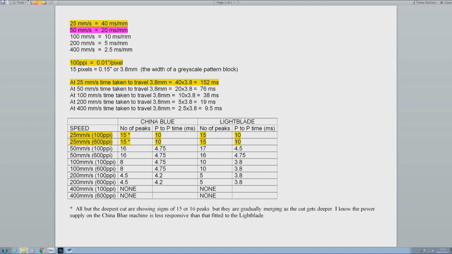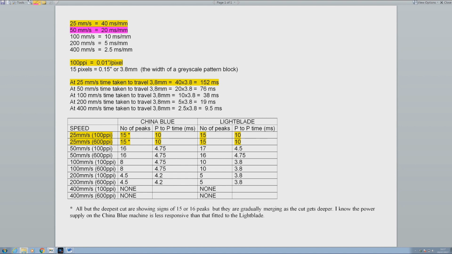Not the power supply, because the power supply, I think, is not capable of doing it either. But I don't think it's the power supply that's the problem, because the power supply is not limiting. It's somewhere in, I believe, the RD software algorithm.